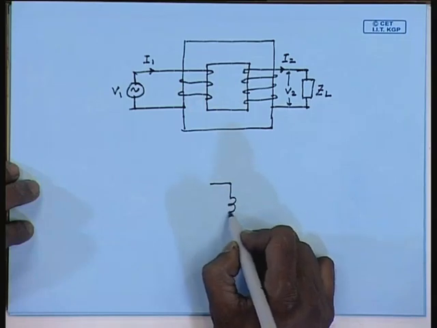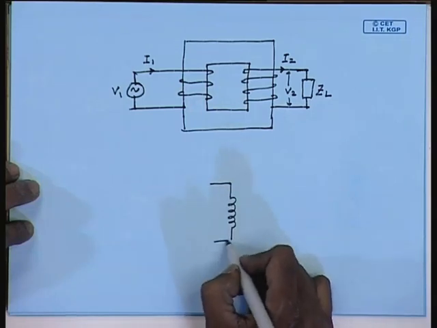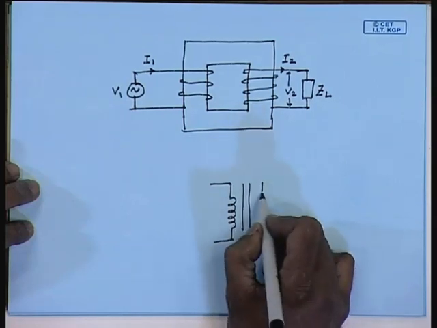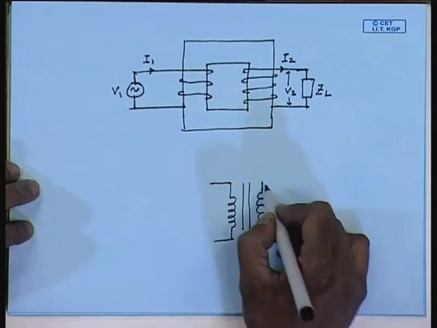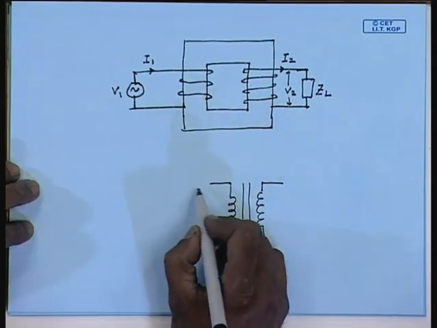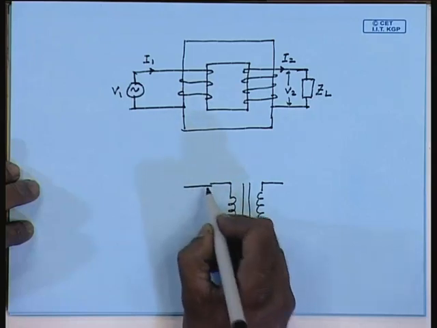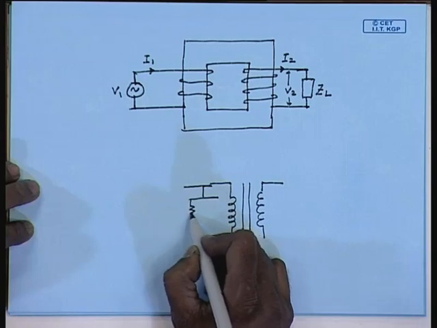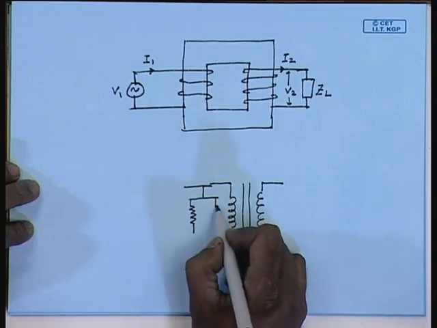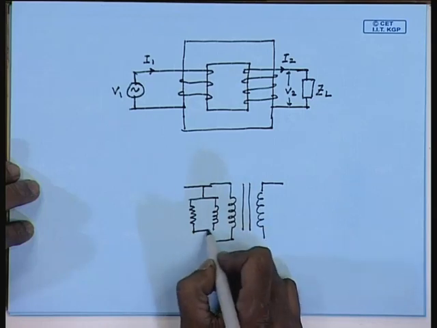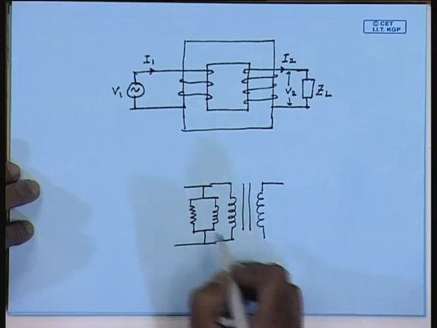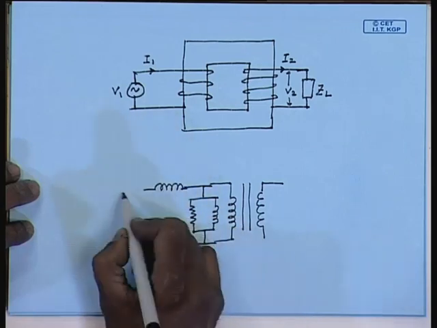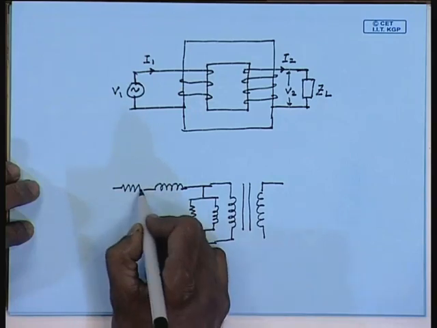This is the ideal transformer. The non-idealities to be included are a core loss resistance, a magnetizing resistance, the leakage reactance in the primary side and the winding resistance of the primary side.